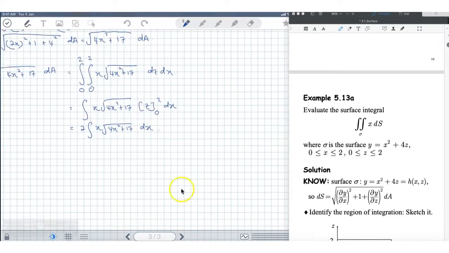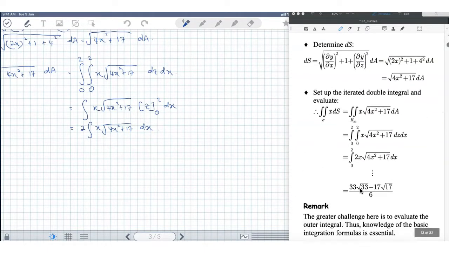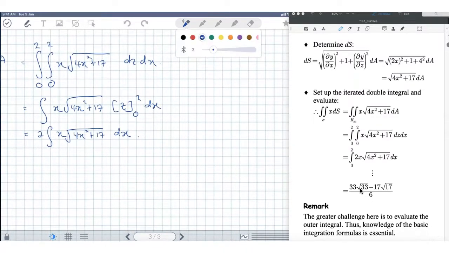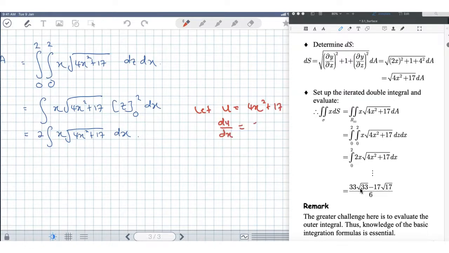Okay, so now we integrate this using substitution. When you use the substitution technique, here we let u equal 4x squared plus 17. So du/dx is 8x, then dx is equal to du over 8x.